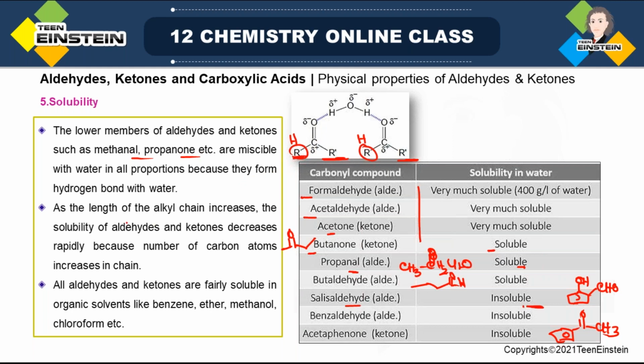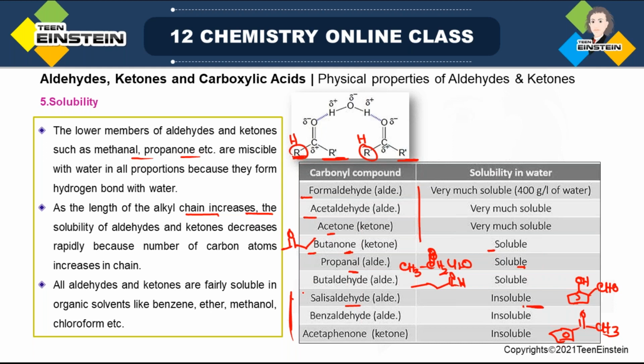Now as the length of the alkyl chain increases, the solubility of aldehydes and ketones decreases rapidly because the number of carbon atoms in the chain increases. Though these three are aromatic, so we cannot say it is a chain, you can also see that the first three are very much soluble, and suddenly when you go from 3 carbon to 4 carbon, it becomes comparatively less soluble.